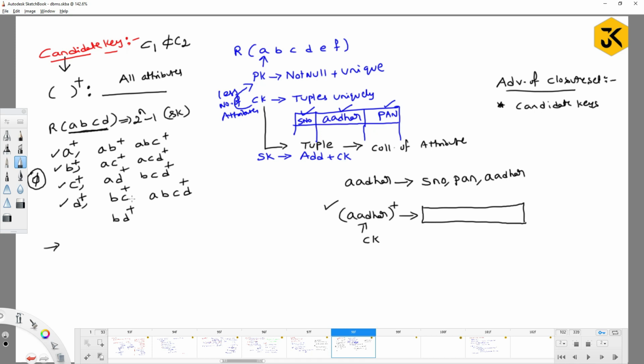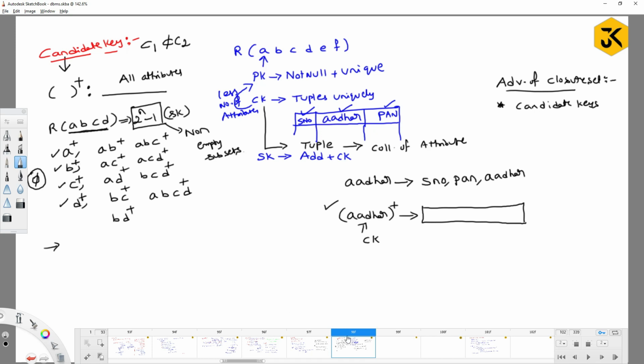Then only you are able to define whether it is a candidate key or not. Okay. So guys, if you observe, here 2 power n minus 1 defines that these are all non-empty subsets possible, right? So 2 power n minus 1, why did you get minus 1? Because we are simply eliminating the pi here, right?